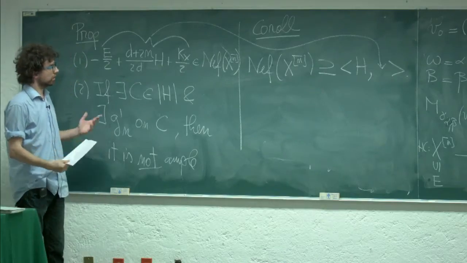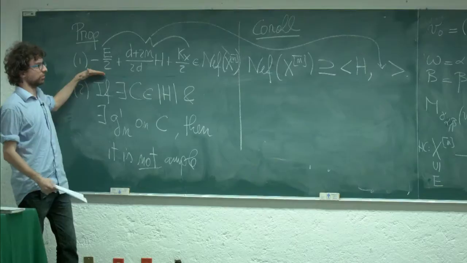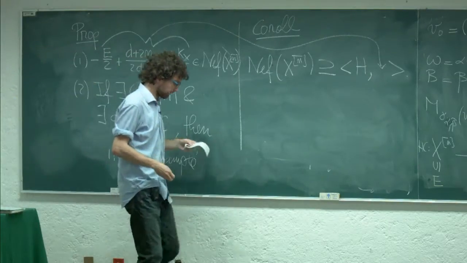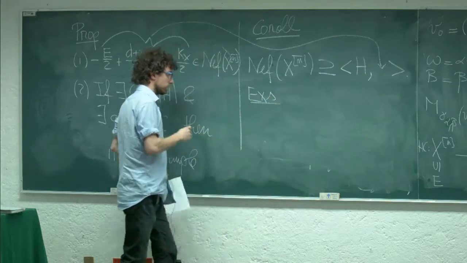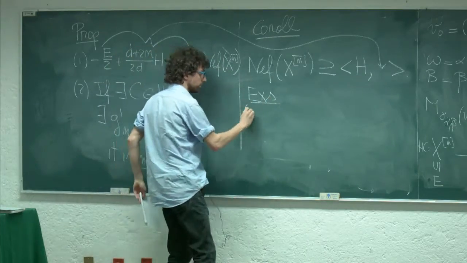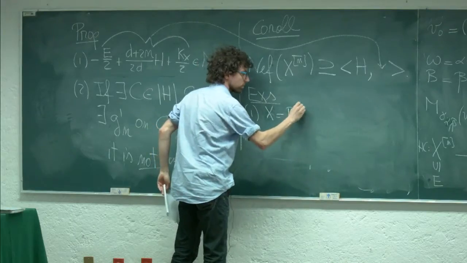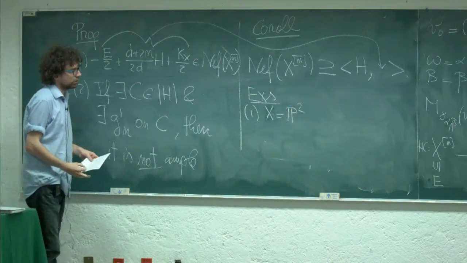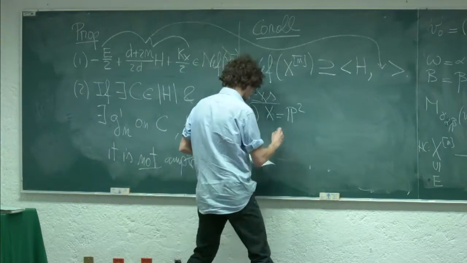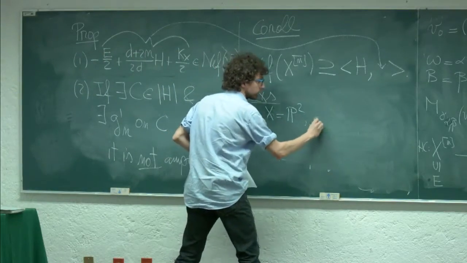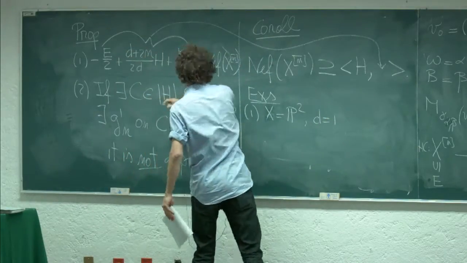Okay, so how will I prove that this guy is nef? By using stability. Okay, so let me just first give you an example before going to the proof. Two examples. So one is easy. If you take P^2, okay, so that is a well-known result. If you just plug in the constants, in this case D equal to 1, H is just a g^1_1 on the line, C in this case is just a line.